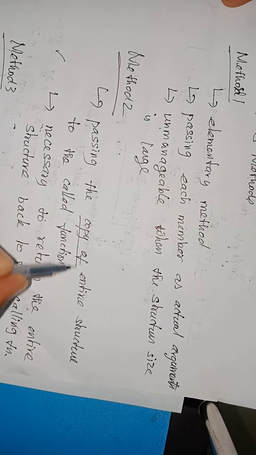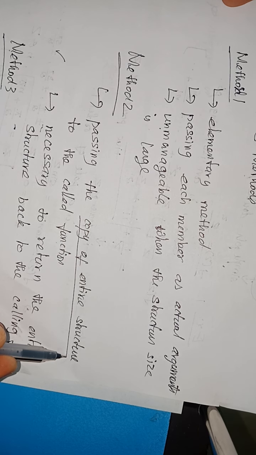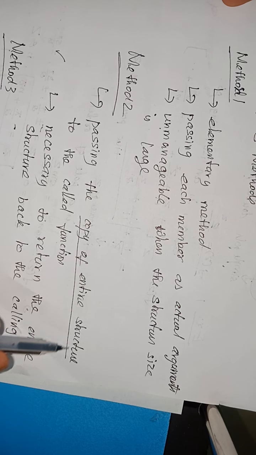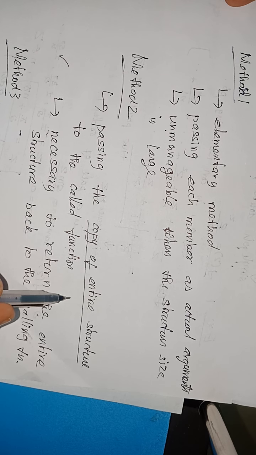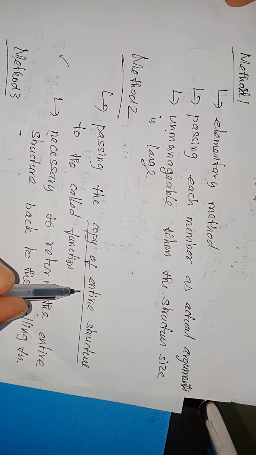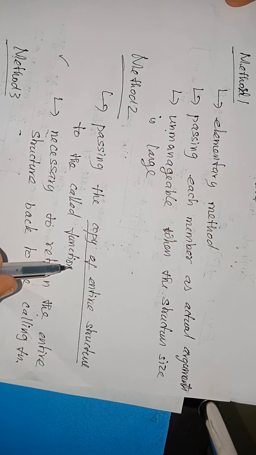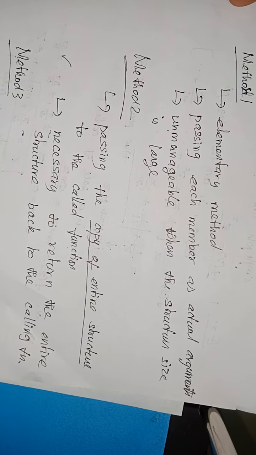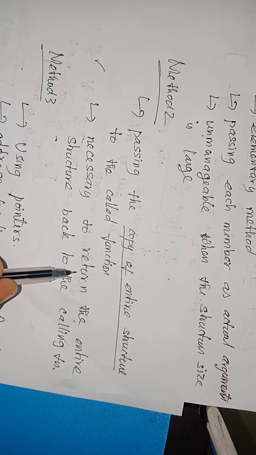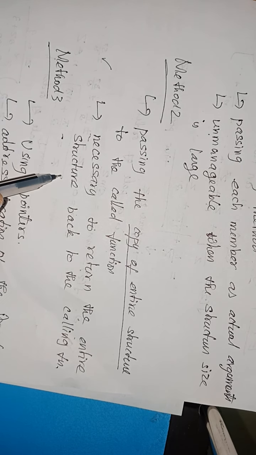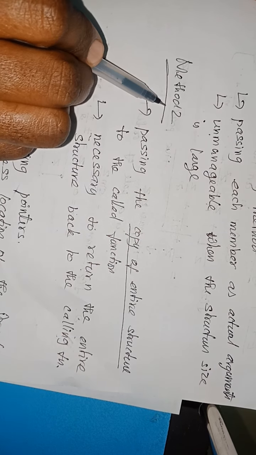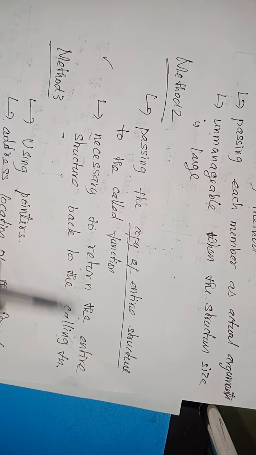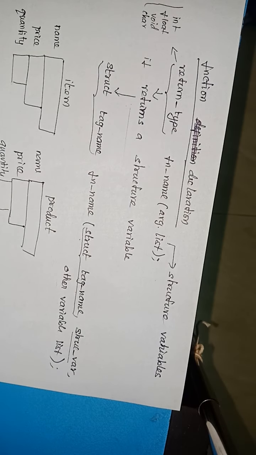Since we are sending a copy of a structure, whatever calculations are done inside a function do not make any change in the original structure variable. So it is needed to return the entire structure back to the calling function. Whenever you use method 2, you have to return the entire structure. It is a must.